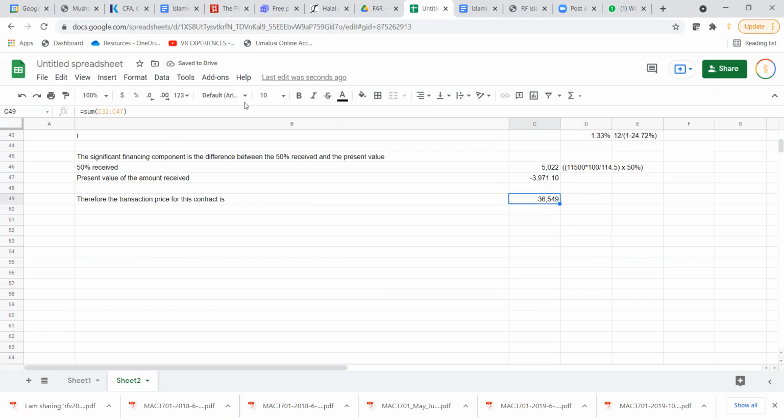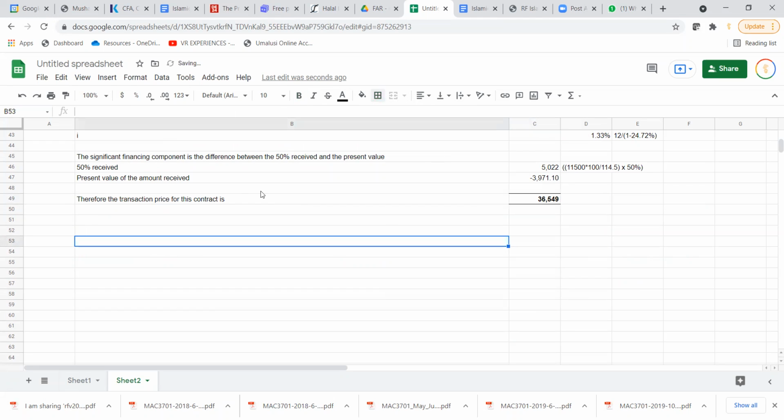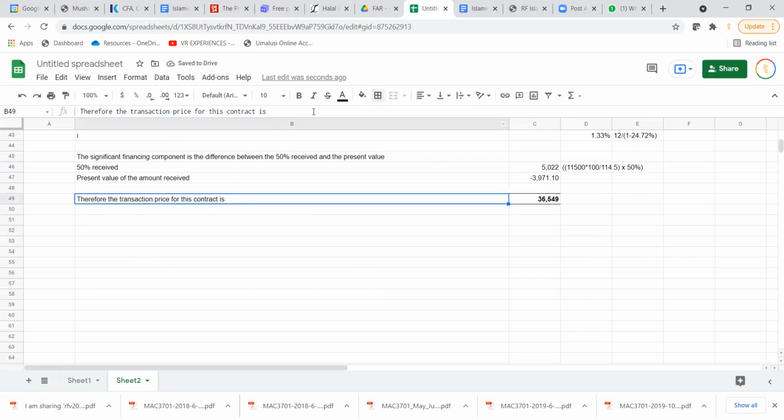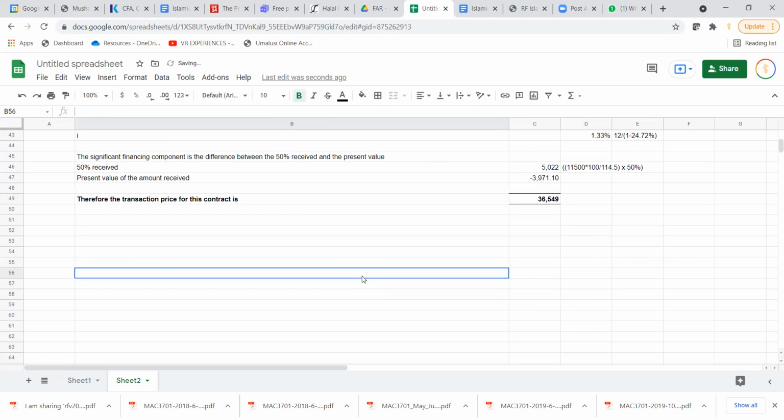So that is the transaction price. So this transaction price we will have to allocate, but remember the allocation of the transaction price is step number 4. Step number 4 was not required. Okay. So what I want you to do is you do step number 5.